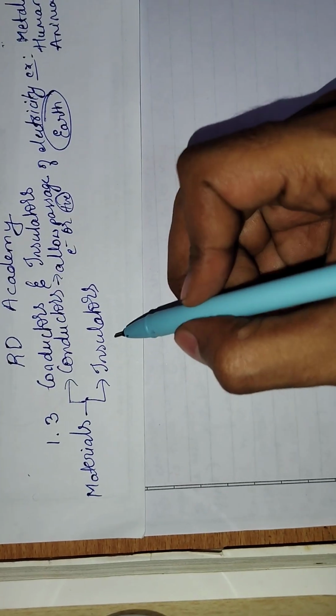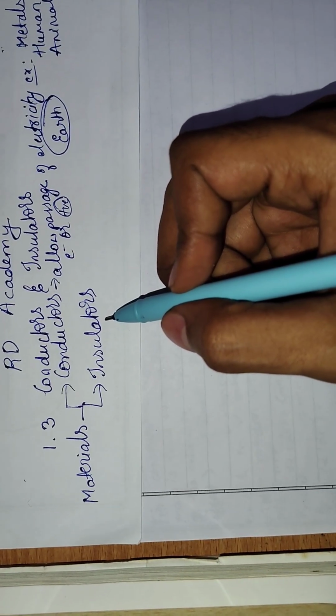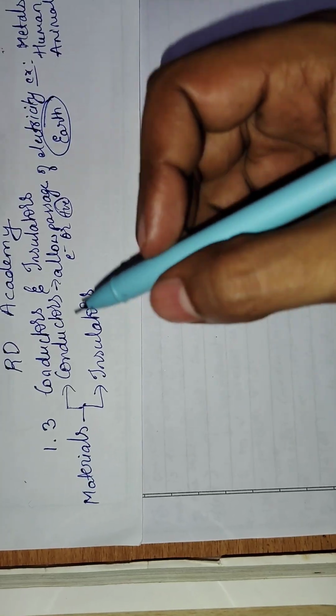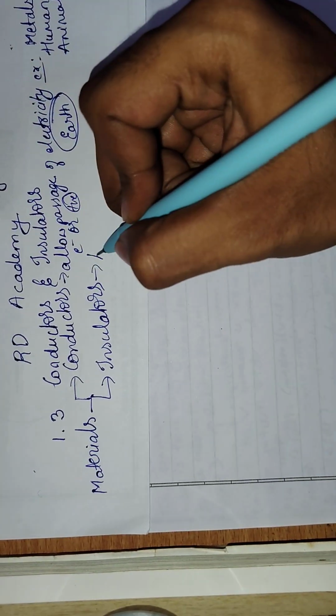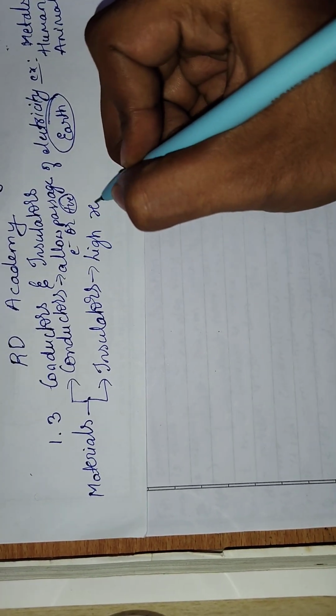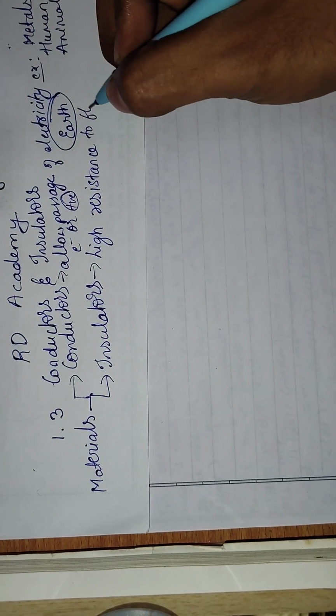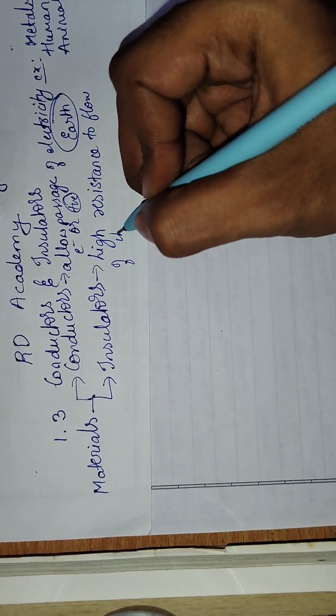Now, the second category of material is insulators. The materials which offer high resistance to the flow of charges are known as insulators. In other words, they don't allow electricity to pass through them.